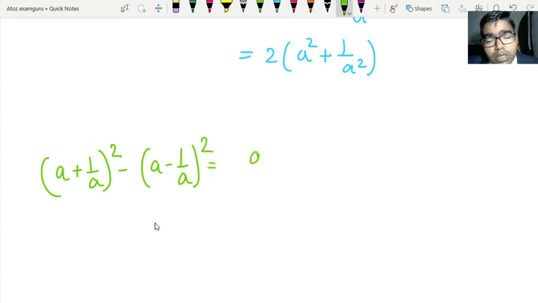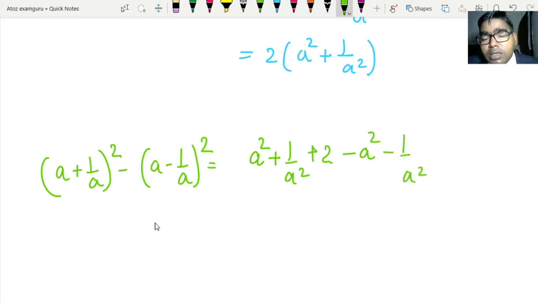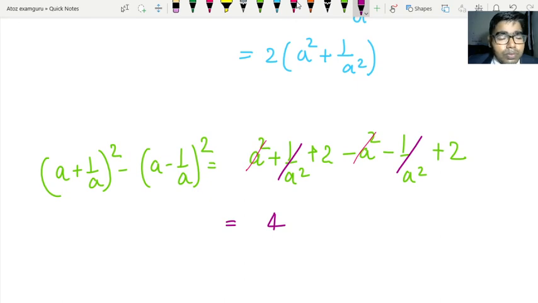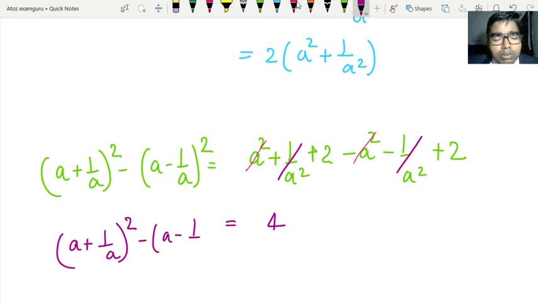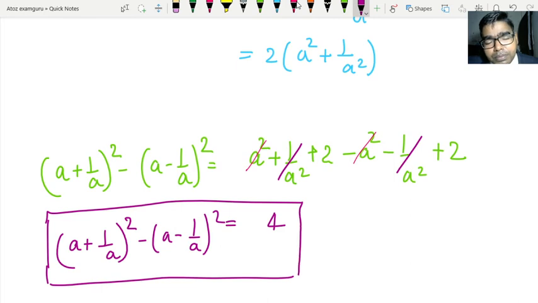It simply means a² + 1/a² + 2 - a² - 1/a² + 2. The a² terms cancel out, the 1/a² terms cancel out, and the plus 2 and plus 2 give you 4, right friends? So (a + 1/a)² - (a - 1/a)² gives you 4.